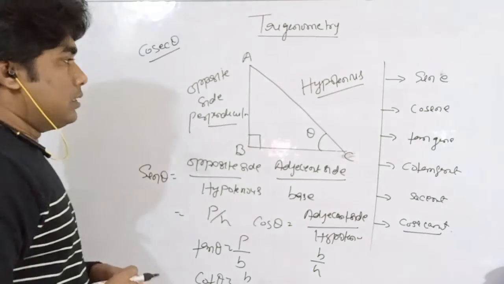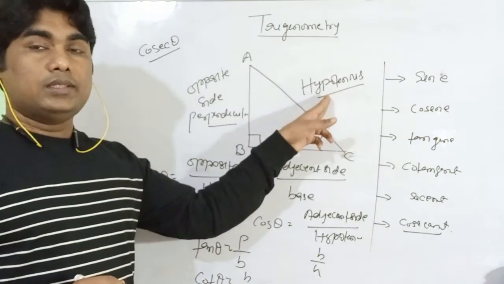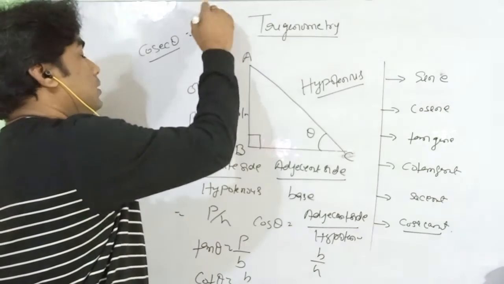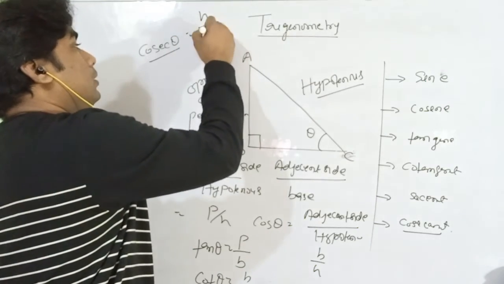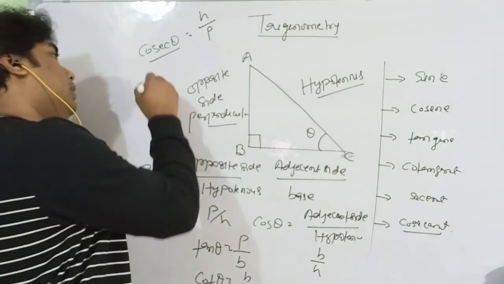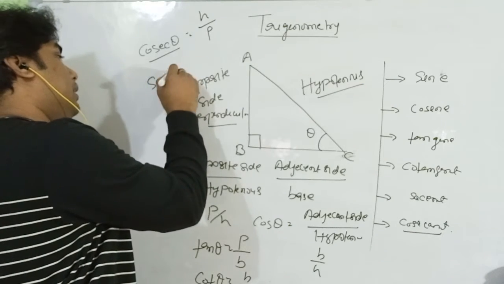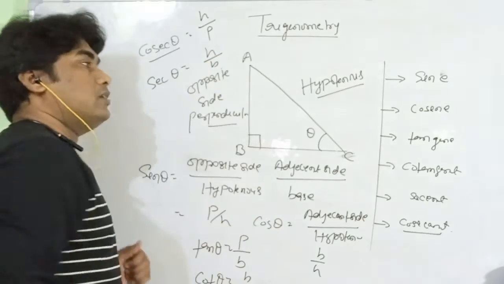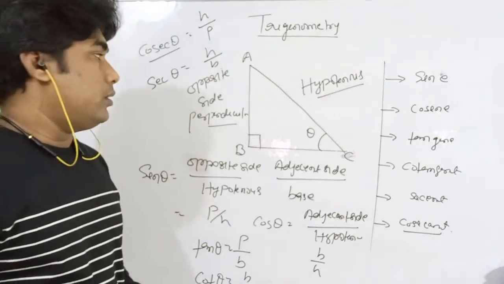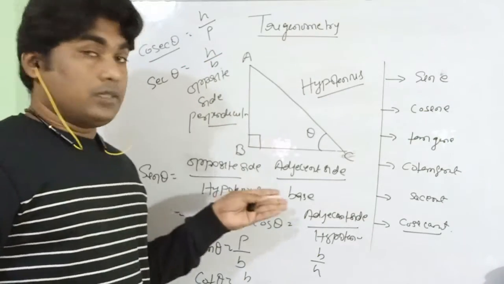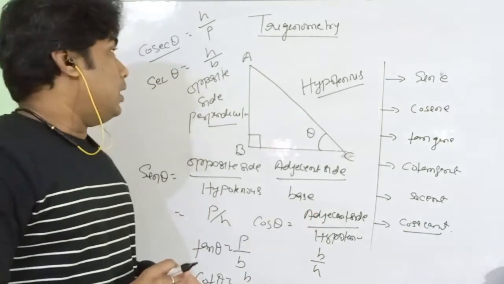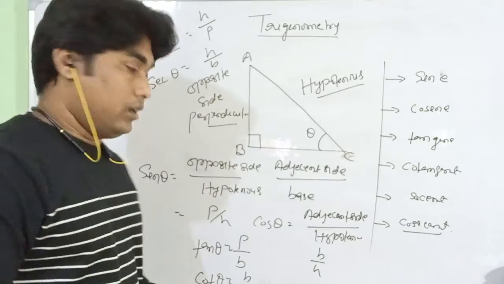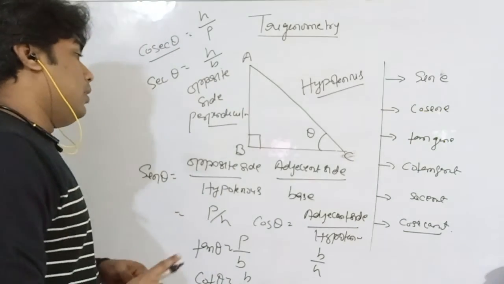Cosec theta establishes the relation between hypotenuse and perpendicular, that means this is nothing but H upon P. And secant, that is sec theta, establishes the relation between hypotenuse and base of a right angle triangle.